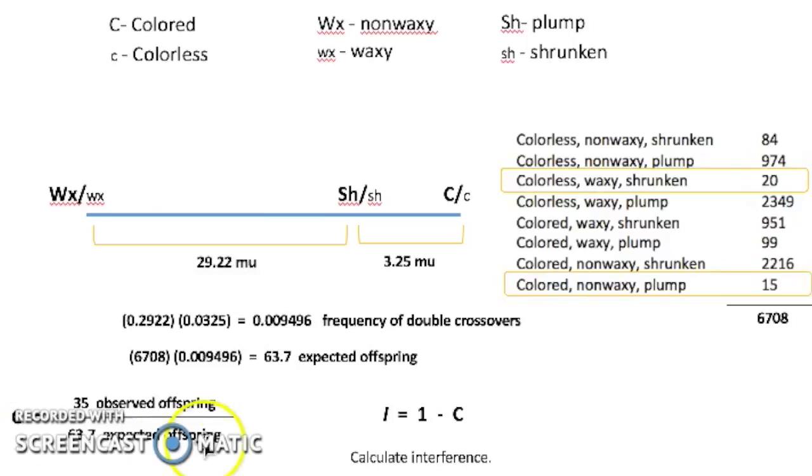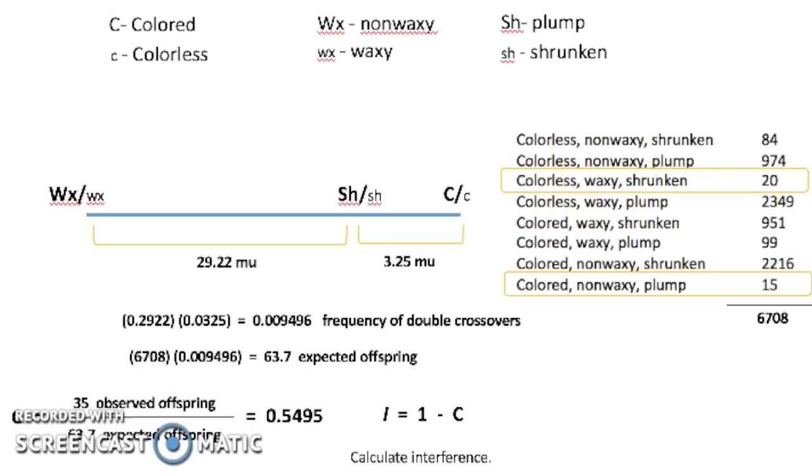So we take this expected offspring number, the 63.7, and then we figure out what the observed offspring were that were that way. So the two groups that were the smallest groups are the ones where the double recombination takes place. So we tally those two groups together, the 20 and the 15, and we get 35 observed offspring. And we divide that by what we would expect the number of offspring to be.